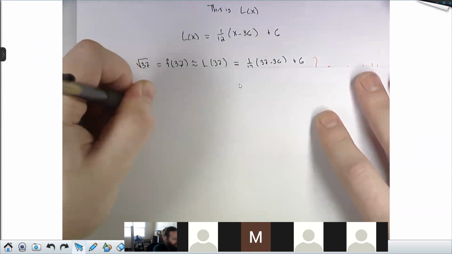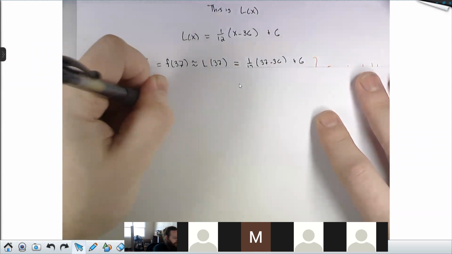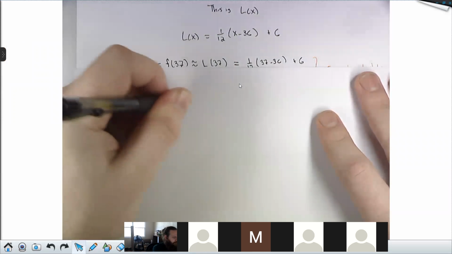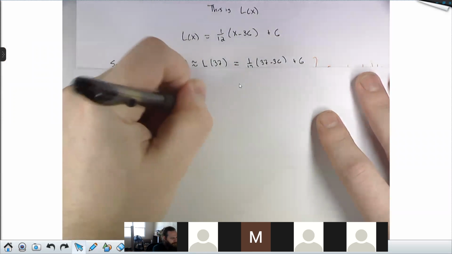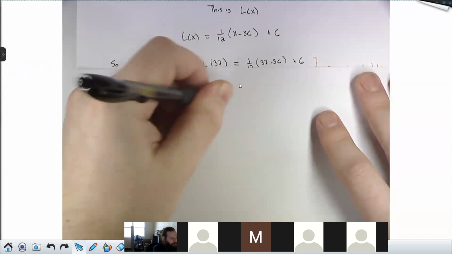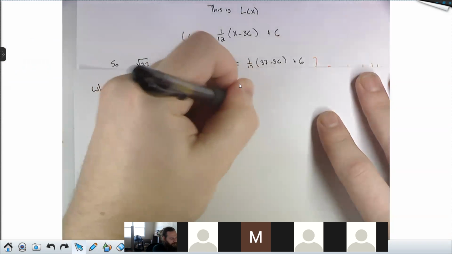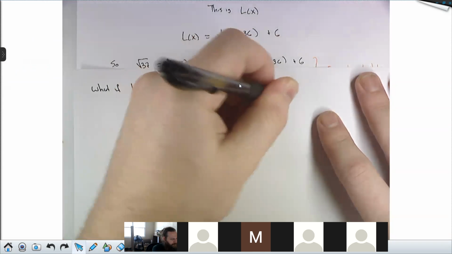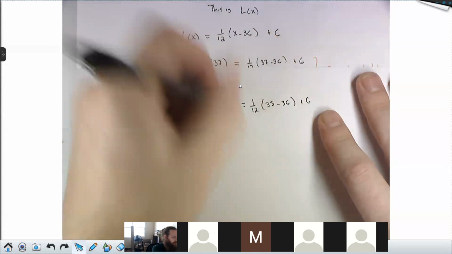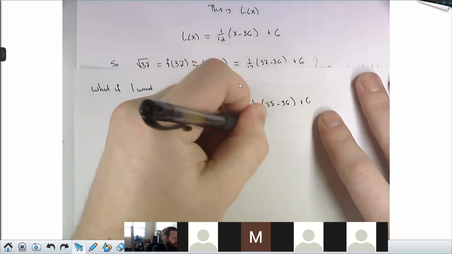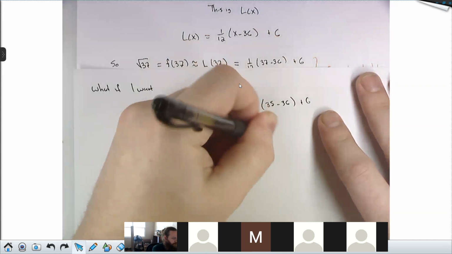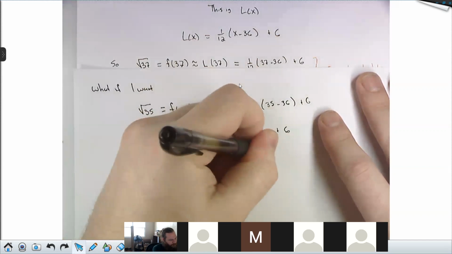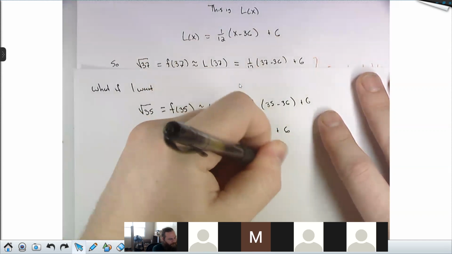Let's do something like the square root of 35. I know that the square root of 35 would be f of 35. So that should be really close to L of 35, which is exactly 1/12 times 35 minus 36 plus 6. That's 1/12 times -1, so -1/12 plus 6, which is going to be 71/12.